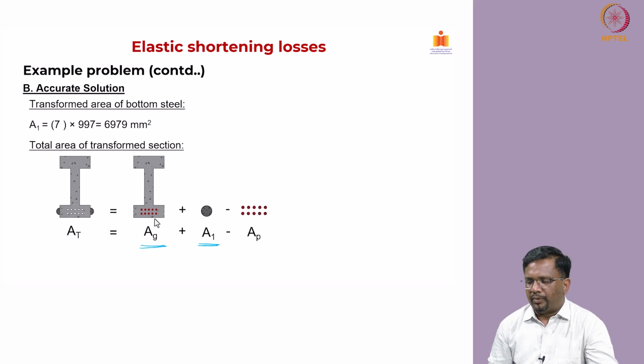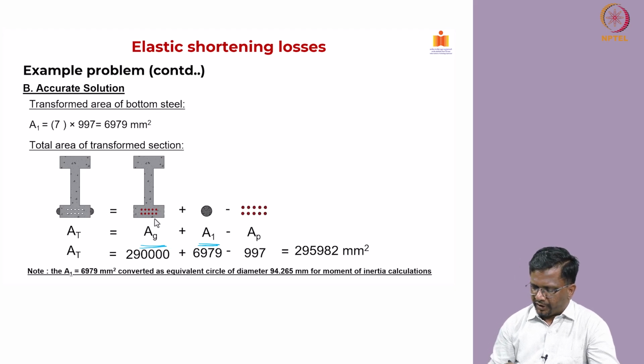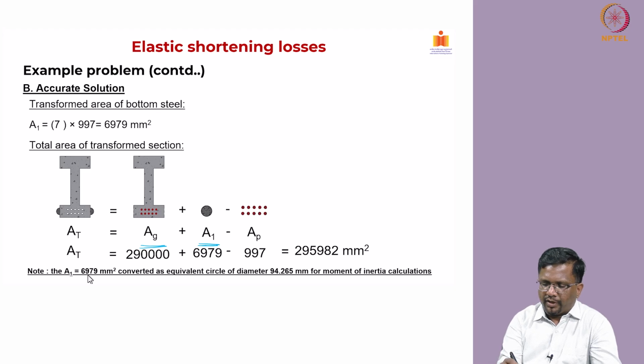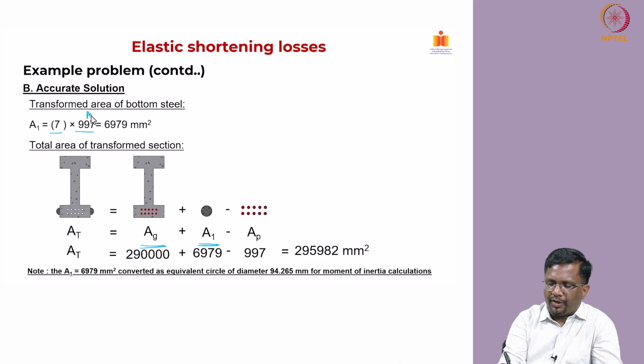So, if you see here, the gross area is 290,000. This is the actual area, and we are already including the area of the pre-stressing steel. What is A1? A1 is 6,979 millimeter square, which is basically the modular ratio 7 multiplied by AP. So, this is your AP and this is your modular ratio.